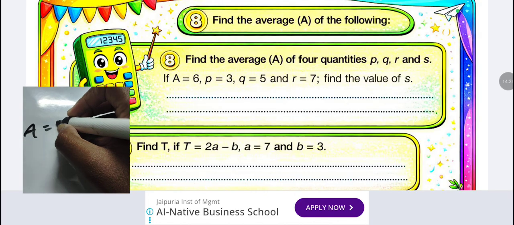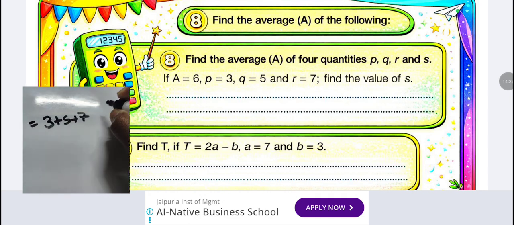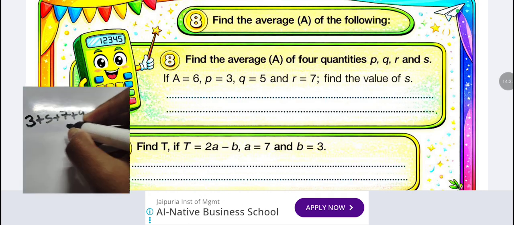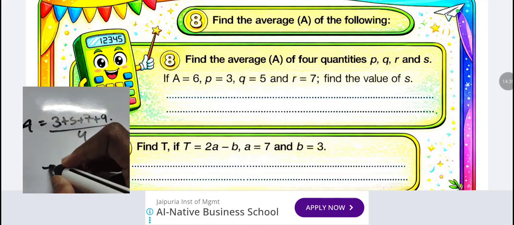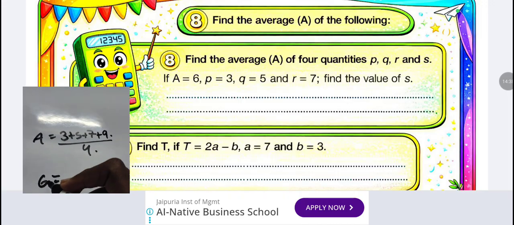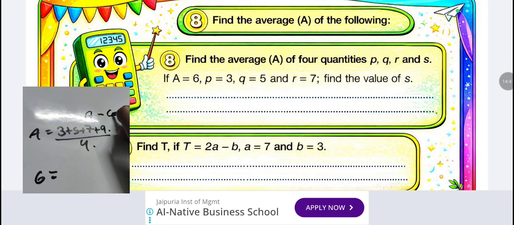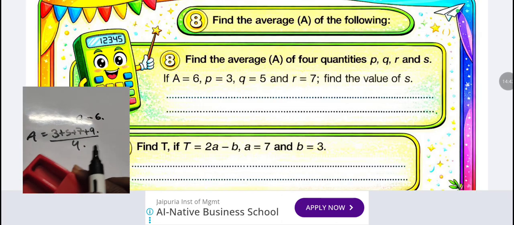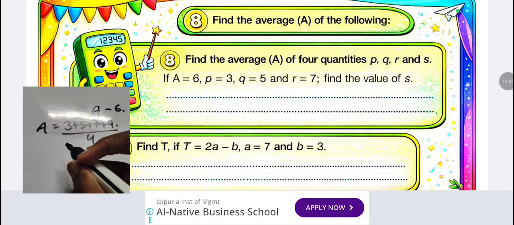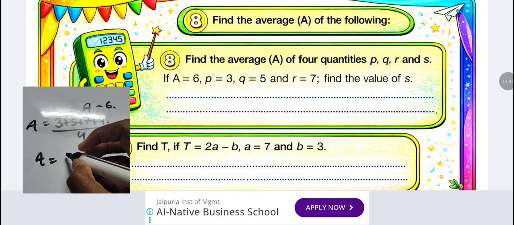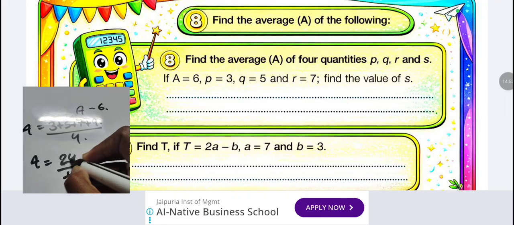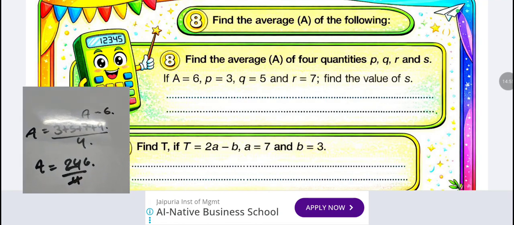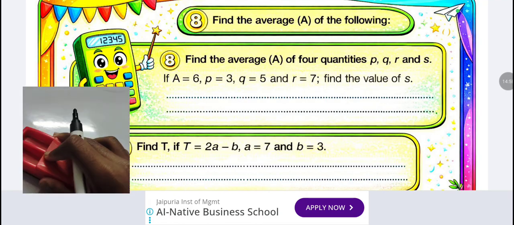P is 3, Q is 5, R is 7, and S is 9, upon 4. So 24 upon 4 is 6. The average is 6. Yes, we are correct.